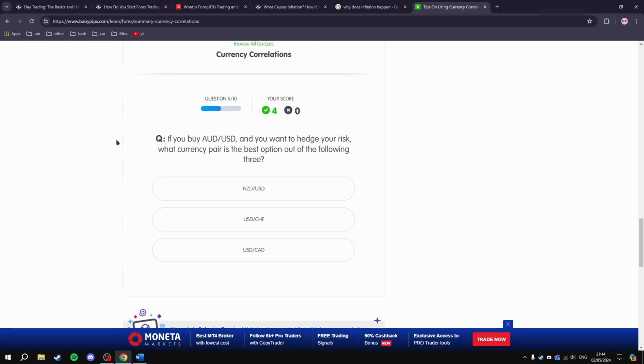If you buy AUD/USD and you want to hedge your risk, which currency pair is the best option out of the following 3? You want something that does the opposite of AUD/USD, because if you buy this and then AUD/USD goes down, you would want something that when you buy it, it goes up, because then that profit hopefully hedges some of the risk of buying AUD/USD.